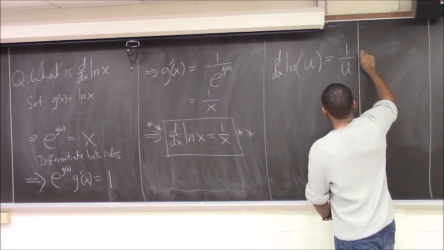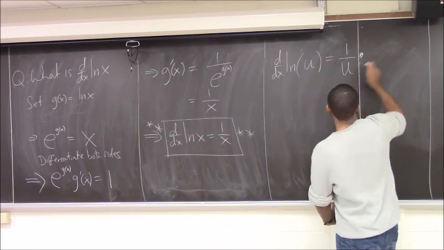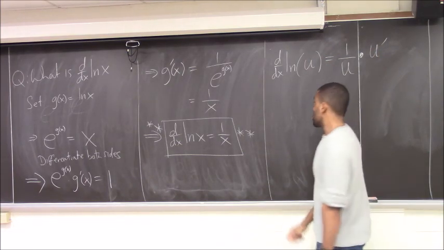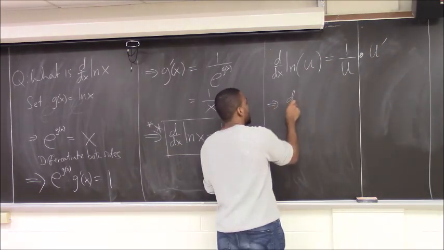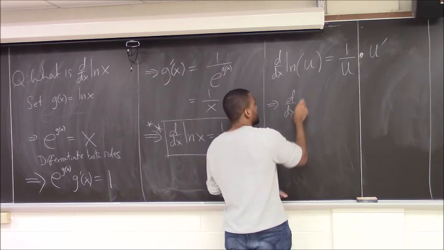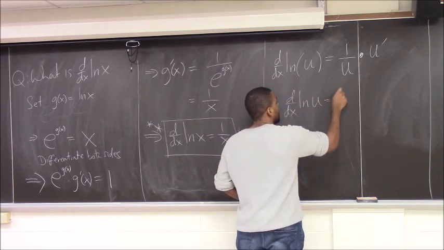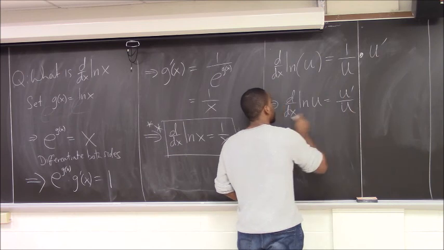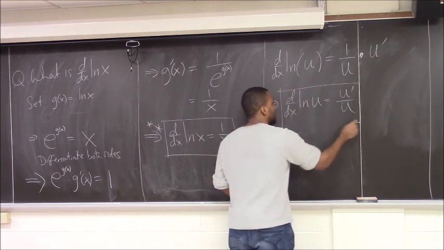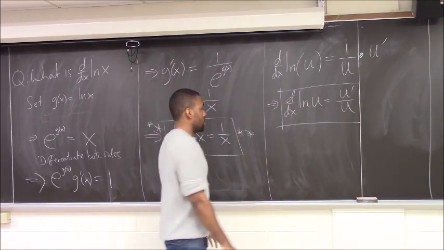But then you have to multiply by the derivative of the inside function. And so that gives us a generalized version of this rule. The derivative of ln u is u prime over u. That's the chain rule version for this rule.